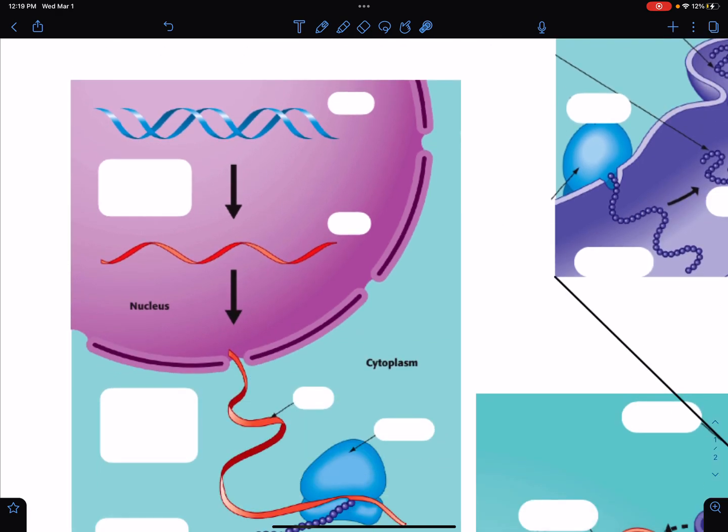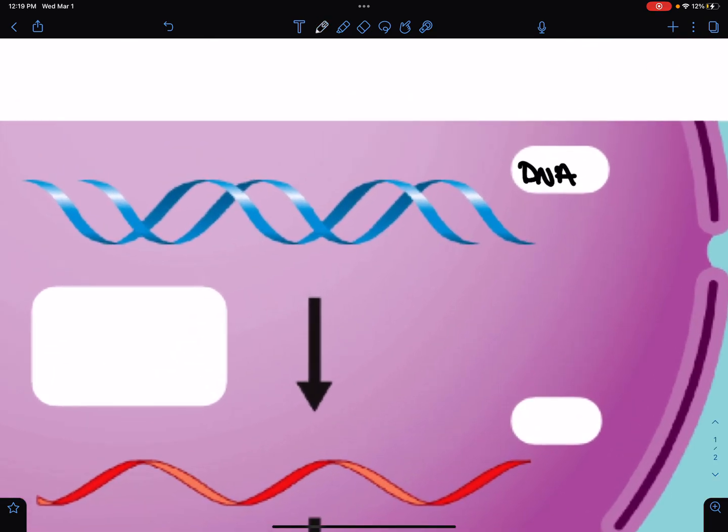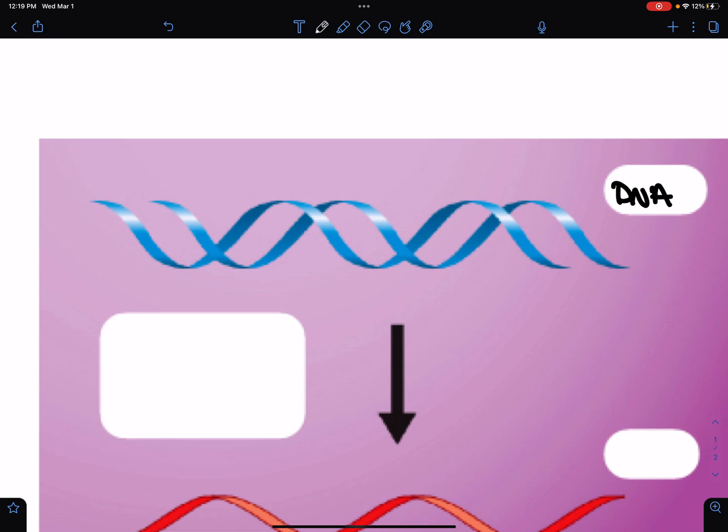Okay, so this whole process begins in the nucleus with the DNA. DNA is a code. It's comprised of nucleotides with the letters A, C, T, and G, and the order of those A's, C's, T's, and G's is important. Just like this sentence, the cat ate dog means something.